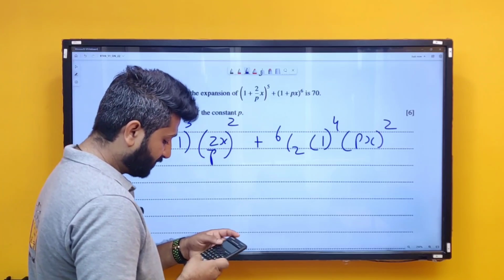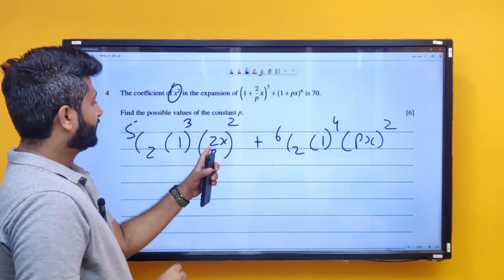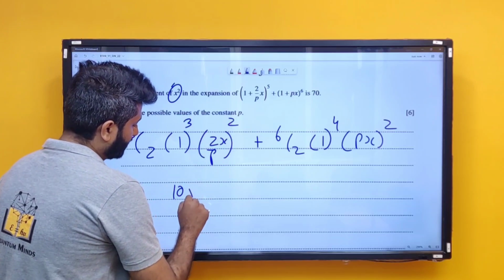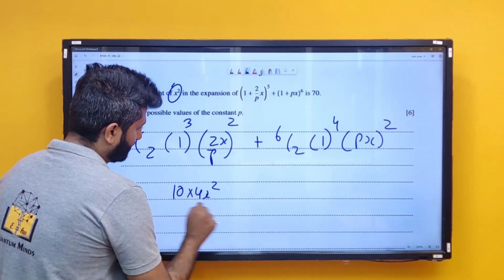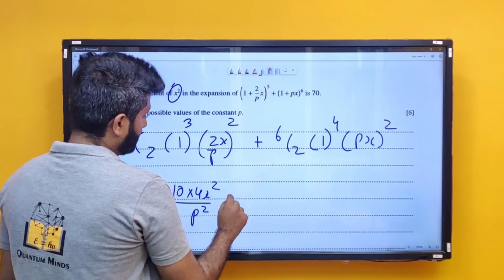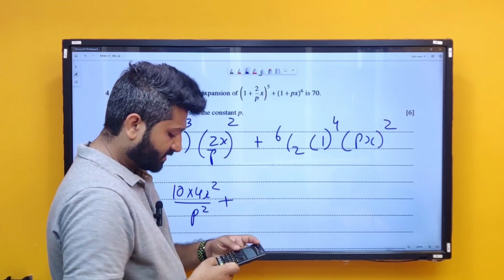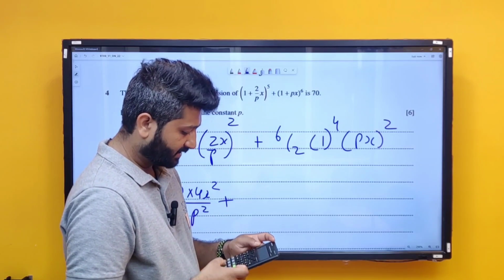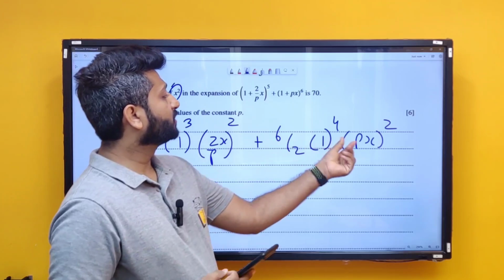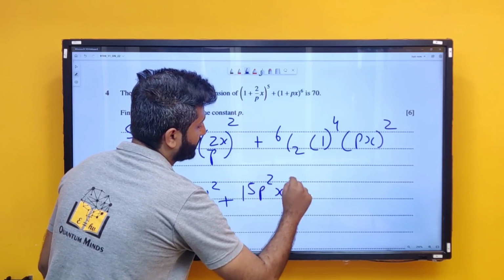So 5c2, if I'm not wrong, is 10. Yes, 5c2 is 10. 2 square, which is 4, x square by p square, plus 6c2 is 15, let me check, yes, 15 into p square, so this is 15 p square x square.